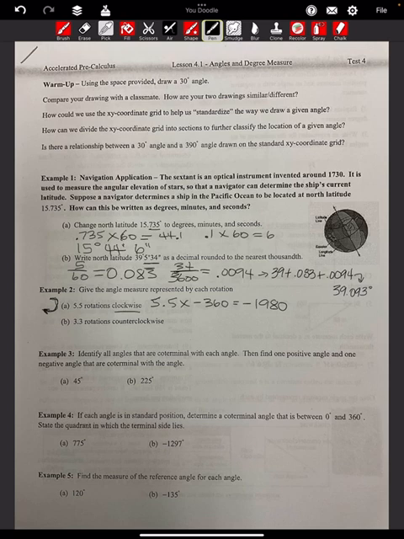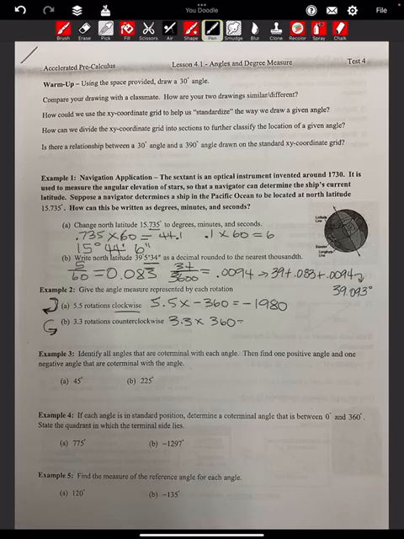The second thing we're going to talk about is given the angle measure represented by each rotation. So remember, in a circle, there are 360 degrees. Now, there's a couple things you want to pay attention to. For letter A, it says we're going to do 5.5 rotations clockwise. Anytime we have clockwise, remember, it's counterintuitive.